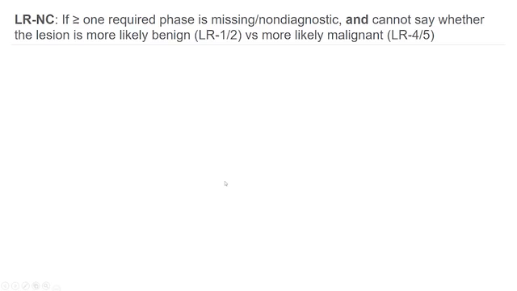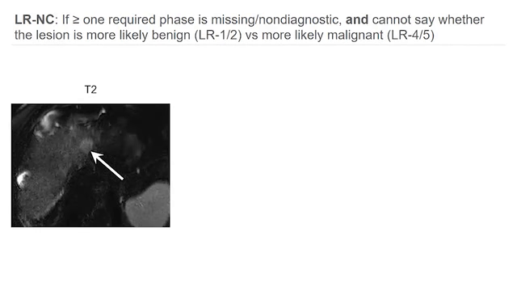So LR-NC is assigned if we have absence of one or more required phases, either because it was not obtained or because it is non-diagnostic. As a result, we cannot say whether the lesion is more likely to be benign or more likely to be malignant. What do I mean by this? Here's an example of a patient with a small lesion on T2-weighted sequences, so it's a little bit hyperintense.